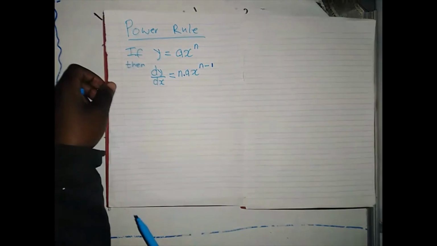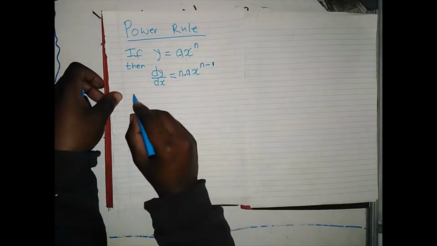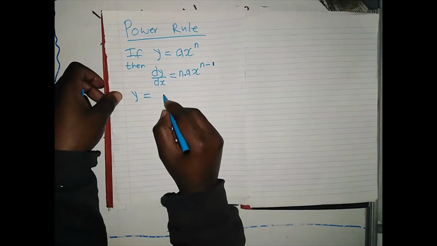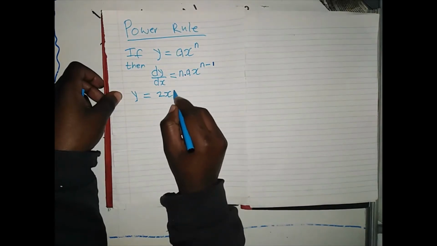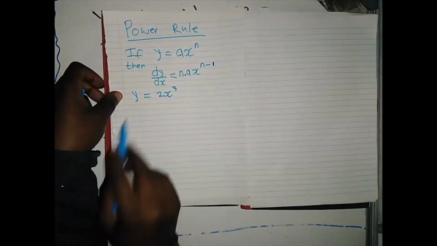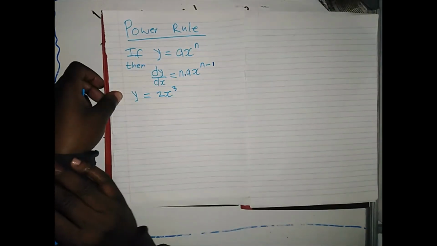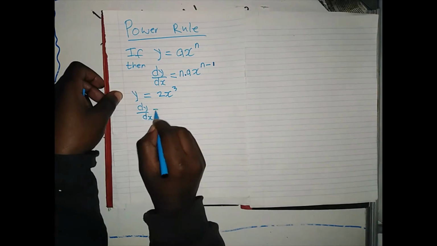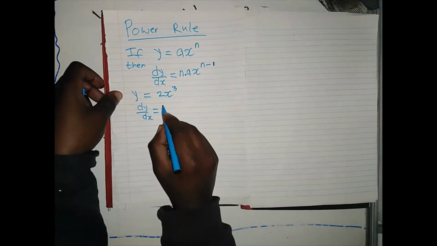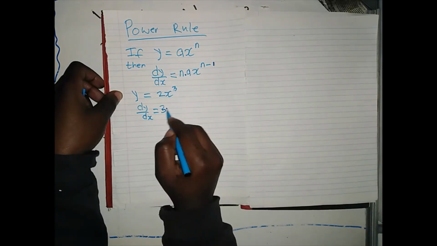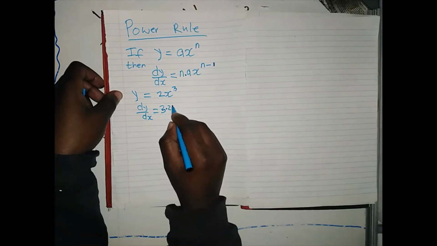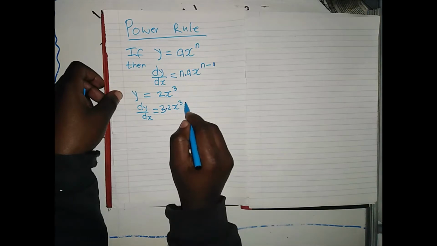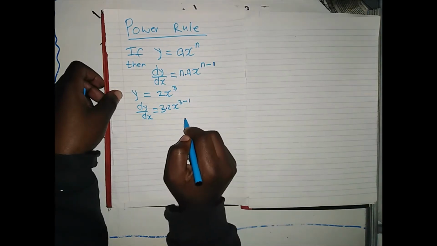All right, let me make an example. Let's say y is equal to 2x cubed. Because of the power rule, dy over dx is going to be 3 times the 2 that is here, and then x, and then you take this 3 that was already here and minus it by 1.